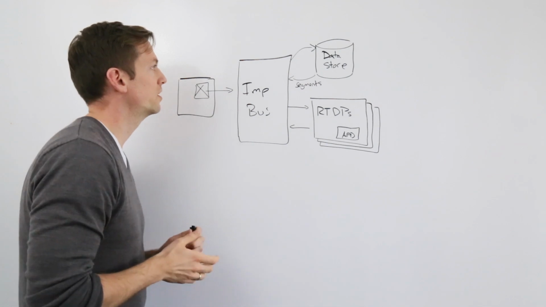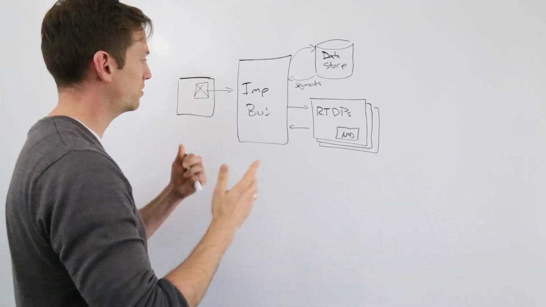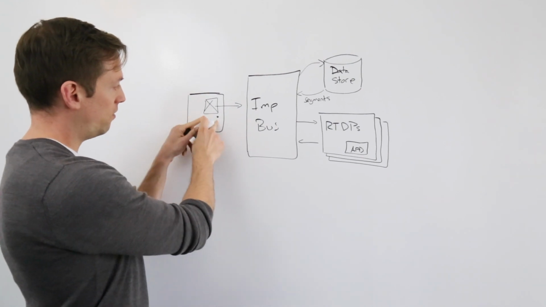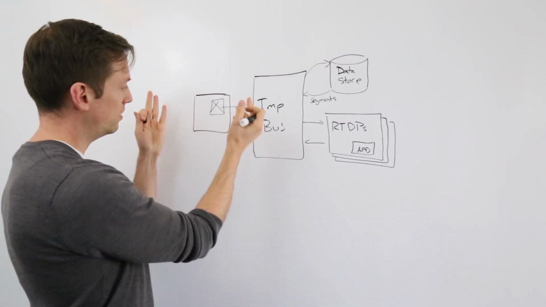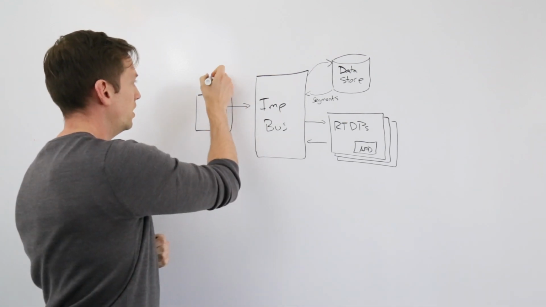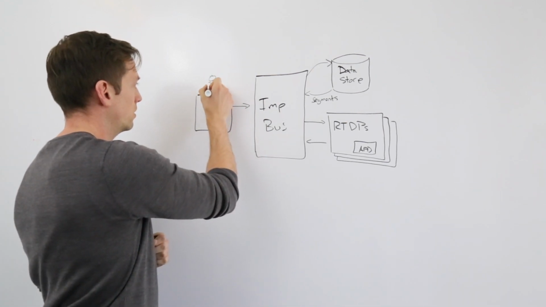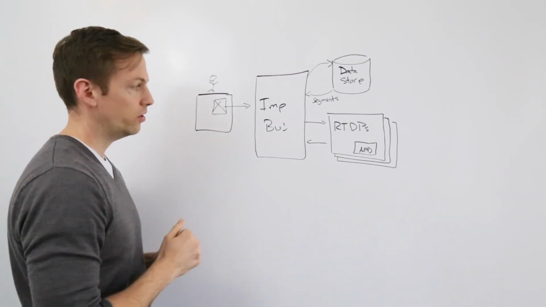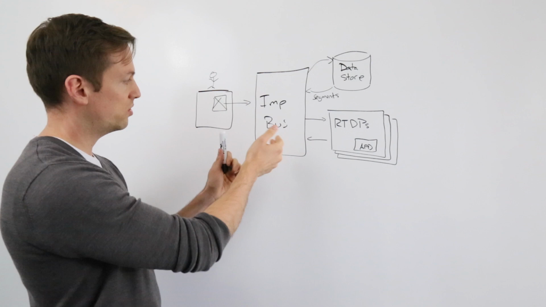We're going to do a brief Life of an Ad Call lesson for y'all right now. Over here we have a web page, and on it a placement. This is basically an opportunity to serve an impression or an advertisement to a user. So here I am, Mr. Milton, on my phone visiting a web page, and an ad tag loads. It fires off to the AppNexus impression bus here.